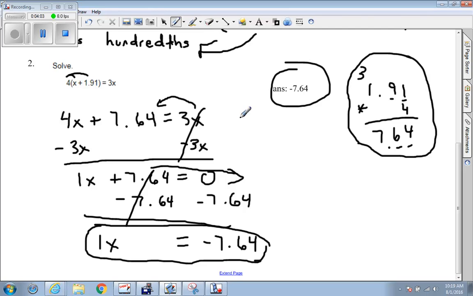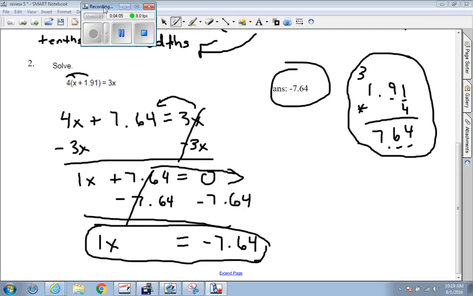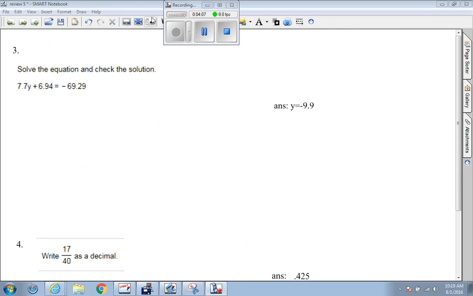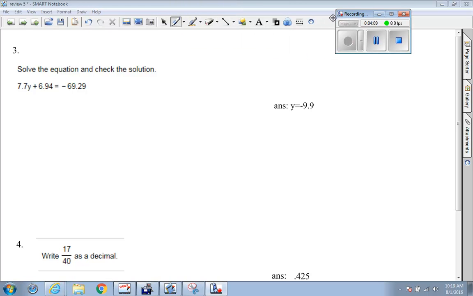Okay, let's head to the next slide, moving right along. Another solve the equation type scenario. Letter, number. I want to bring the numbers to the right, so I'm going to subtract off 6.94.